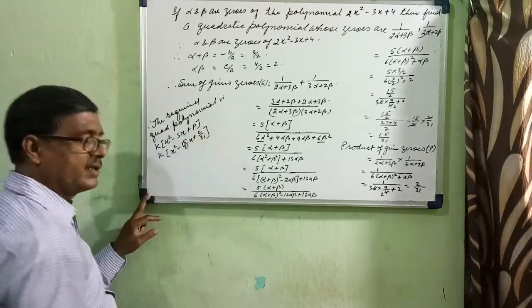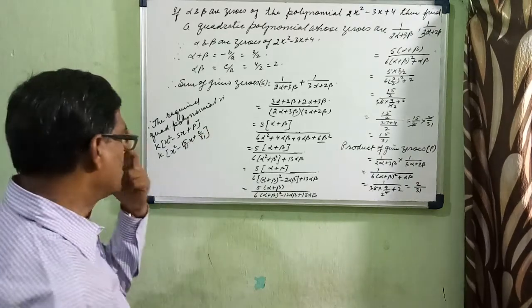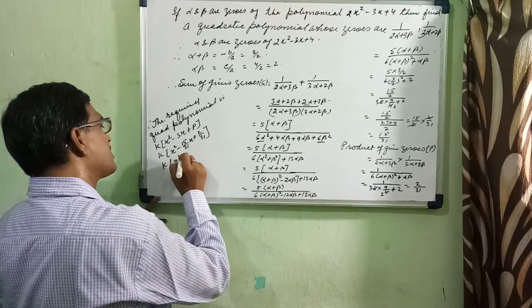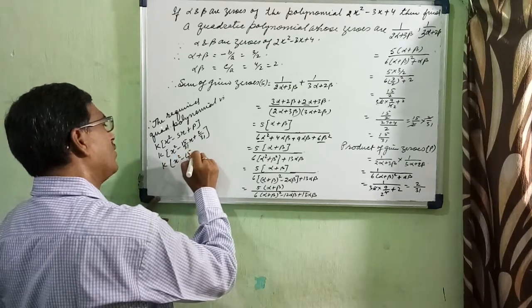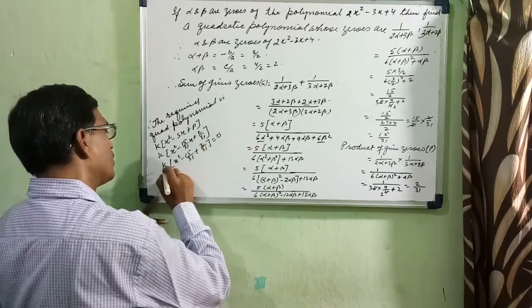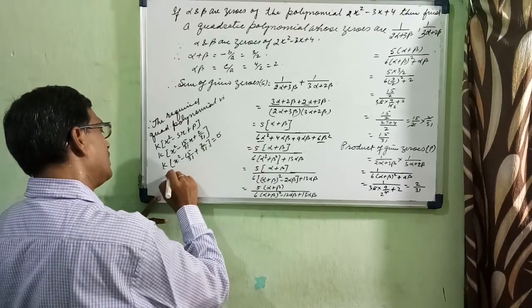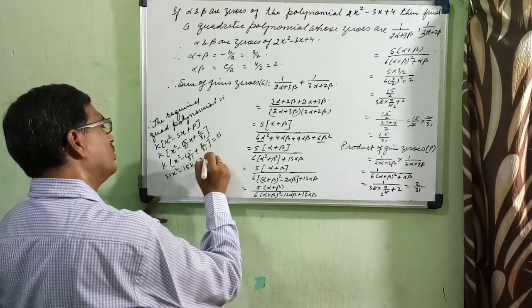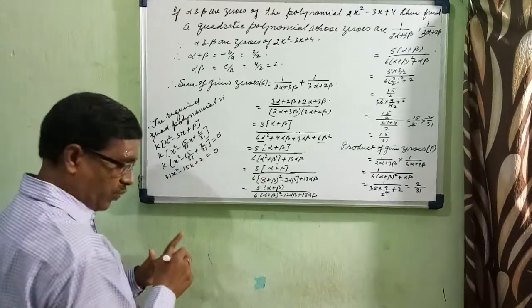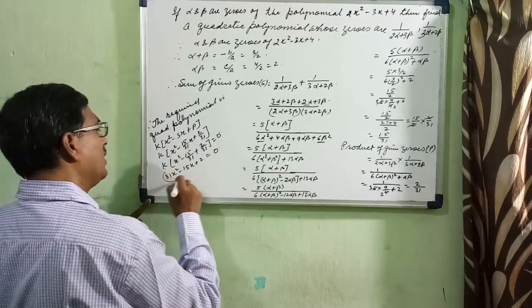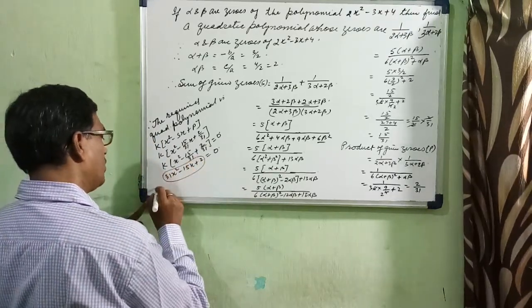Again you notice that it is in fraction form, so you can equate it to 0. So k into x square minus 15 by 31 x plus 2 by 31 is equal to 0. So k will come down, so it will be 31 x square minus 15 x plus 2 is equal to 0. So what is your required quadratic polynomial? This is only the required quadratic polynomial.